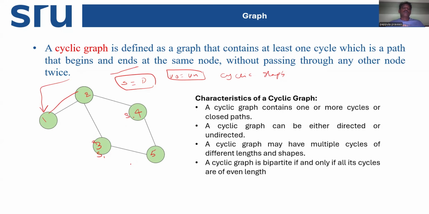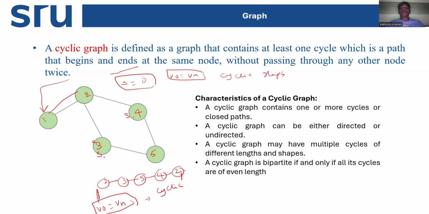Now we start with two to three, three to five, five to four, and so on. Now what is the source here? Two is the V0 and two is the Vn. So if V0 equal to Vn, that is called a cyclic graph.